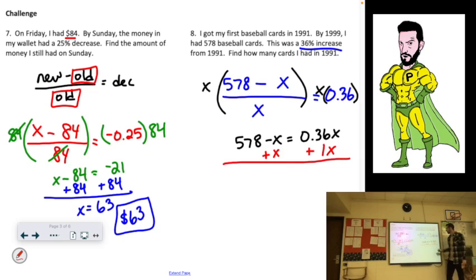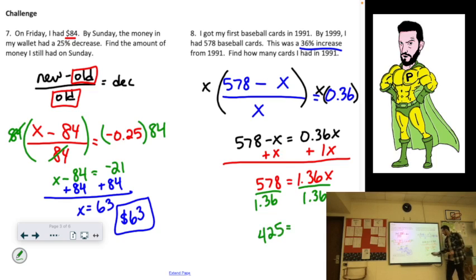We're adding another dollar to that. So that would be 1.36X. The left side we have 578. And then we would just divide by the 1.36. 578 divided by 1.36, 425. Now remember that was our baseball cards. So we had 425 cards.